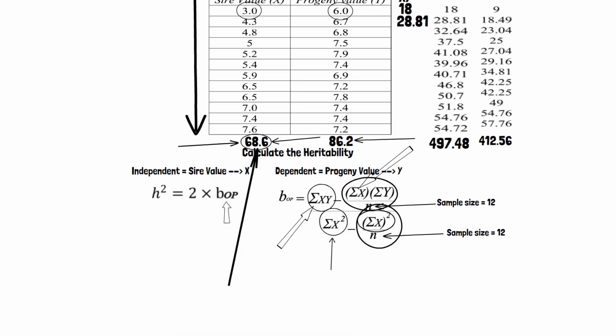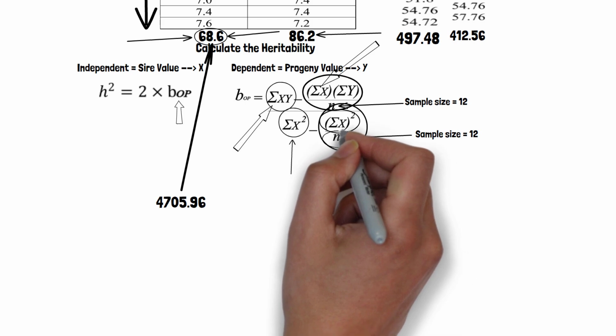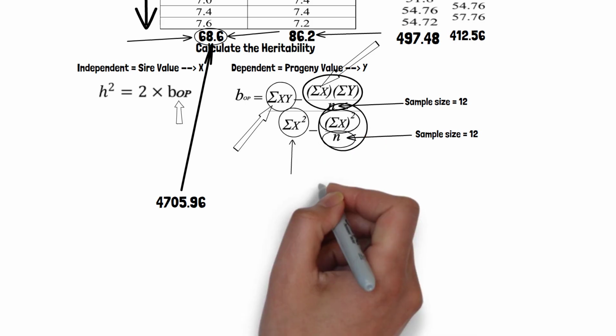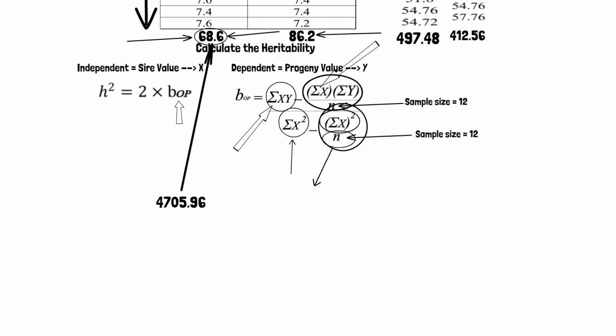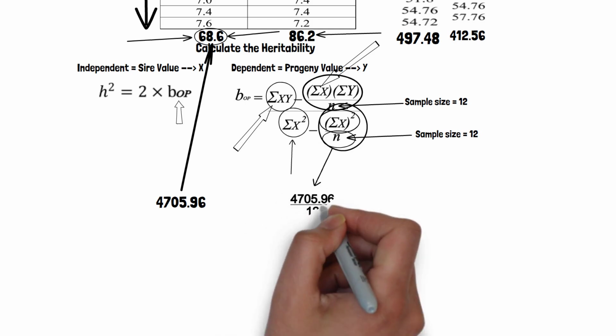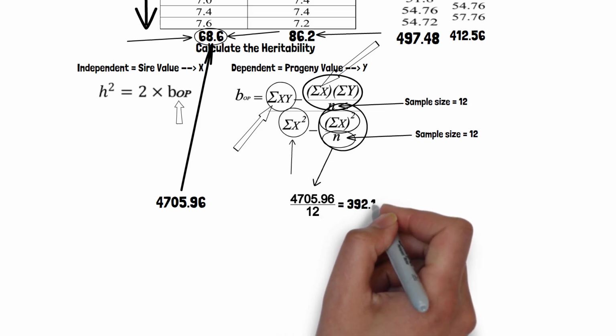Summation of x all squared is equal to 4705.96. N is the sample size. So the correction factor from the denominator, summation of x all squared over n, equals 4705.96 divided by 12, which will give us 392.163.